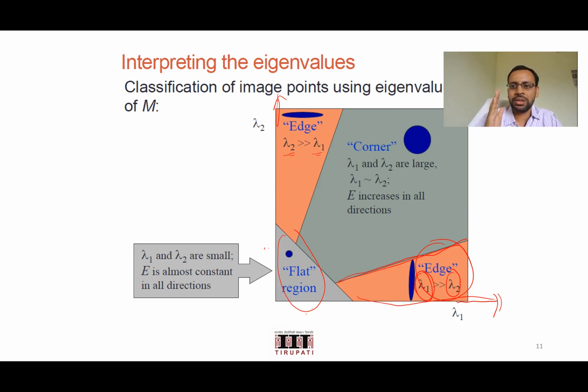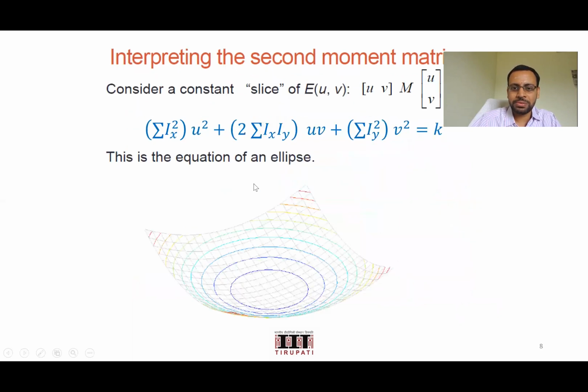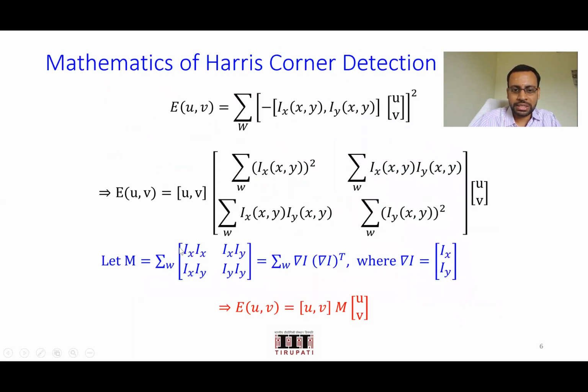So this is what we have arrived at: you are given an image, you are given a patch, and the center pixel of that patch, whether you want to consider it as a key point or not. You simply compute the second moment matrix for that patch, which is the sum of Ix square, Iy square, and the product of Ix and Iy.